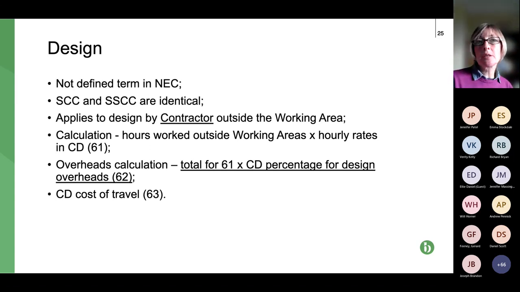There's also an overhead and potentially profit calculation. And again, it's a percentage, and it's a percentage of the sum claimed for the individual designers. And then in addition, the cost of travel, wherever there's any travel required, is added on. So that's design. Next slide, please.